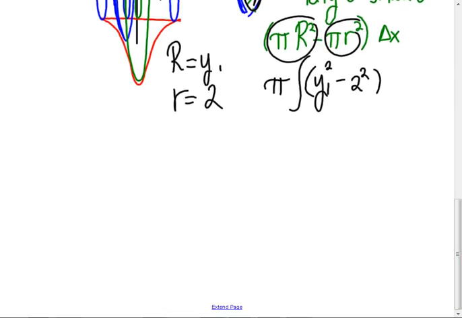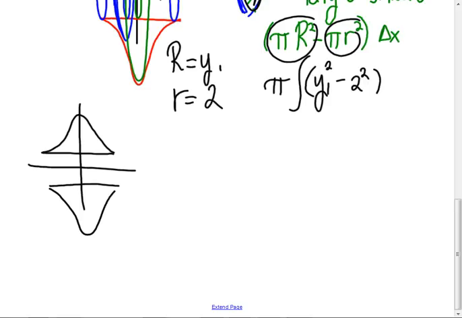You better have a picture that it's this. And by the way, you always go to the original function. This is your outer radius. And then here's your inner radius. So I'm going to take the circle that goes here and subtract off the cylinder that's inside there.